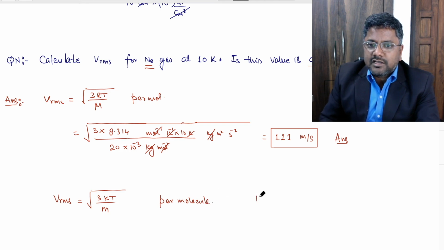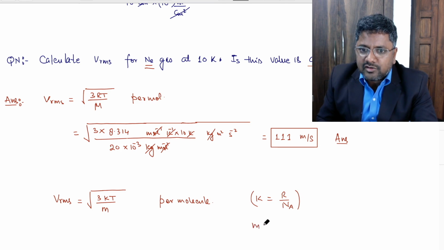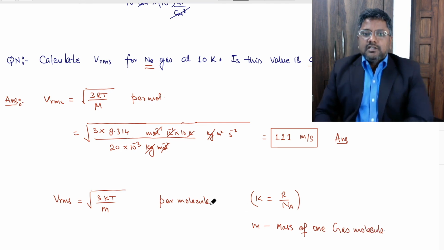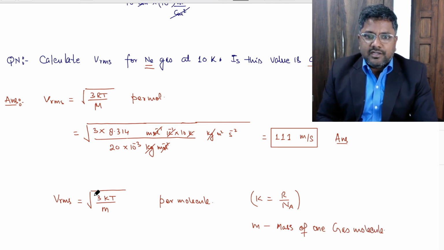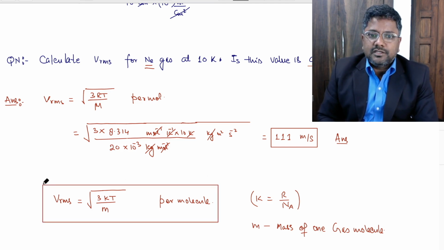In this formula, k is equal to R by Na, the Boltzmann constant, and this small m is called the mass of one gas molecule. So in this way you can calculate RMS speed per molecule, right?